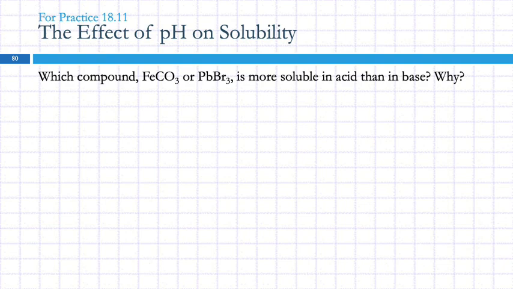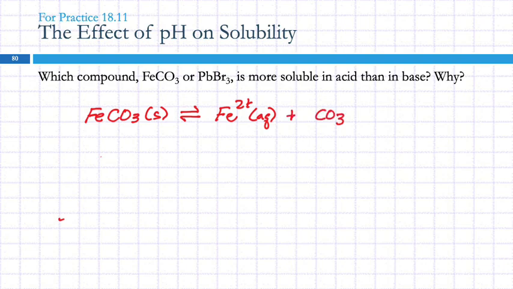Can I repeat that? I'll repeat it with visuals. So, iron carbonate dissolving, right? It forms iron ions and carbonate ions. If I have a lot of hydrogen ion present, a lot of acid, this is a weak base.